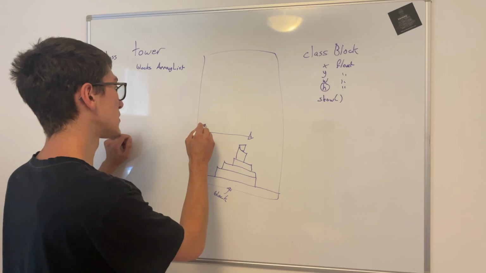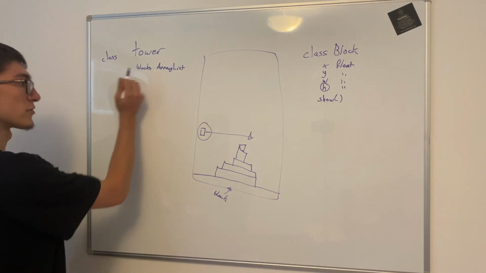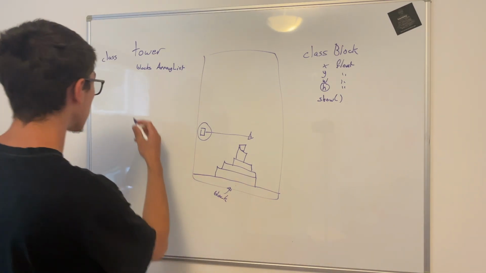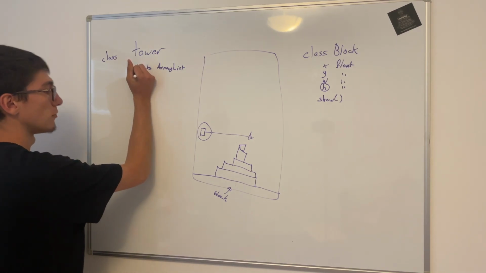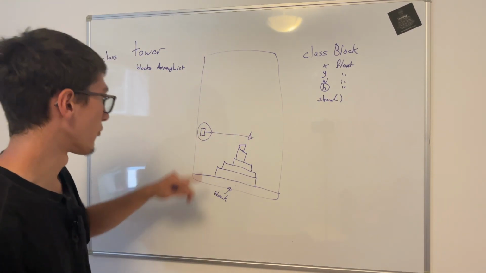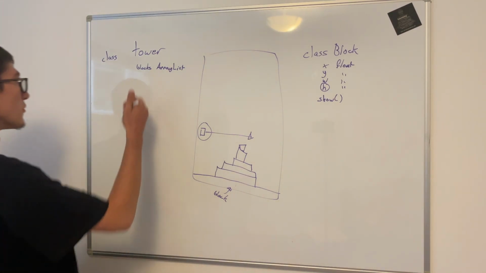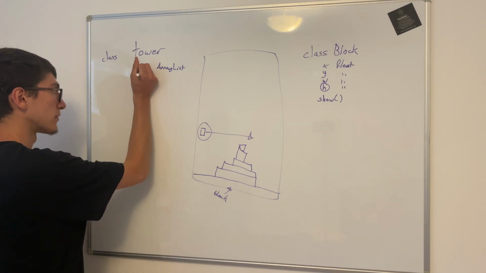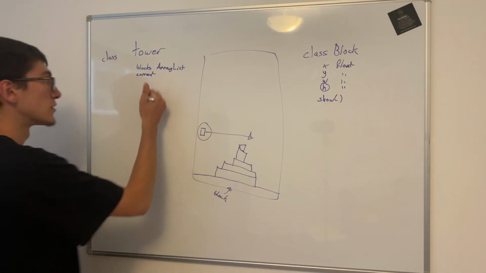So that block is not yet part of the tower, it's not yet part of the blocks array. That's what I'm thinking, right? It could be a separate object, a separate block in here called maybe current or the moving object, right? The moving block. So let's call it current. Maybe not the best name, but that's fine. It's going to be a block.